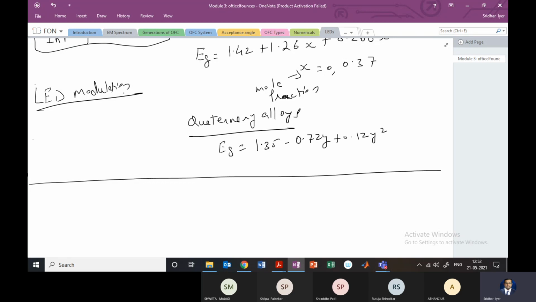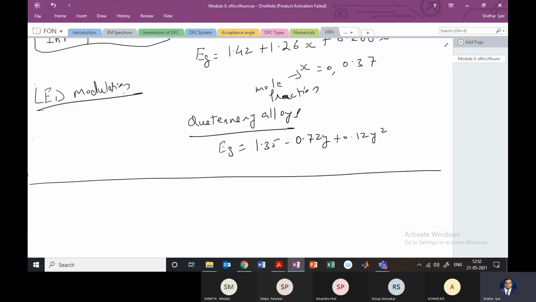But in all of those scenarios, the signal was electrical in nature. But here we are dealing with signals which are optical in nature, means you are dealing with light, right? So there is also one aspect of LED modulation which we should be discussing.